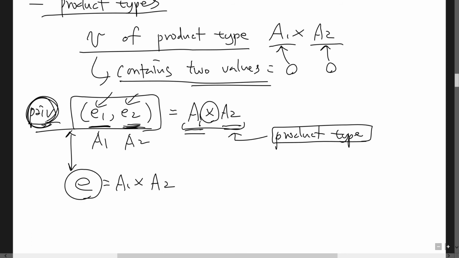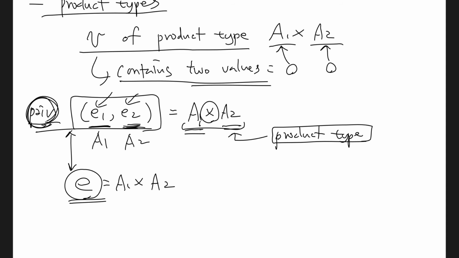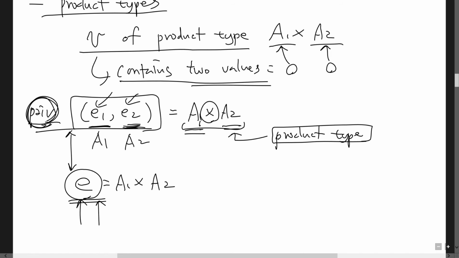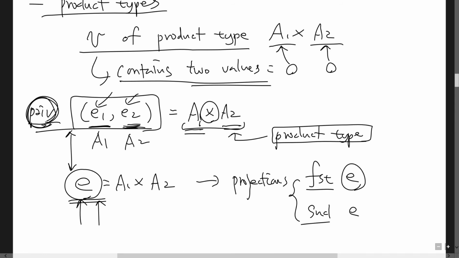We will be able to extract two components from this expression E. So we need two operations for extracting the first component of E and the second component of expression E. So to this end, we introduce two projections, which we write first E and second E. So if expression E produces a pair, such as E1 paired up with E2, then first E will extract this expression E1, and this second projection will extract the second component expression E2.